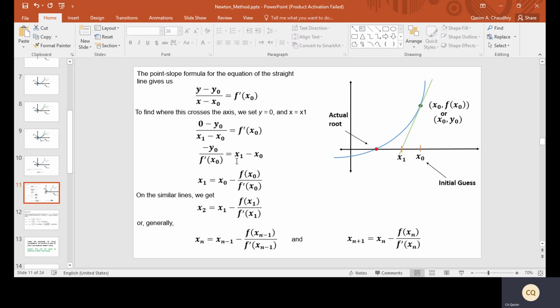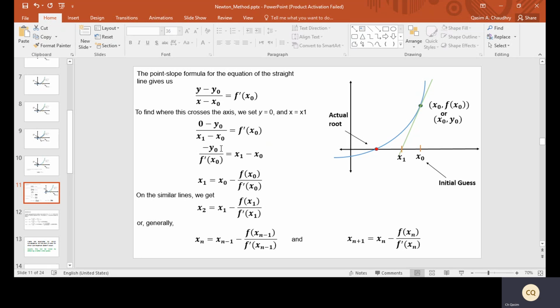तो यहाँ से इक्वेशन से आप देखें तो minus y naught over f prime of x naught is equal to x1 minus x naught. तो बेटा अब आपके पास क्या है? x1 is equal to x naught, दूसरी तरफ ले गए x naught minus, now instead of this y naught you simply write f of x naught over f prime of x naught.